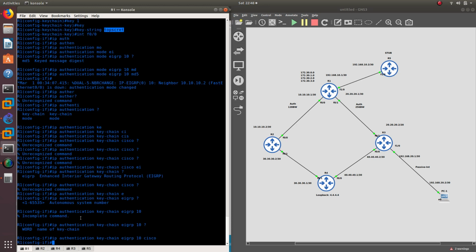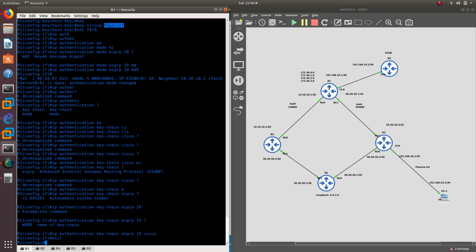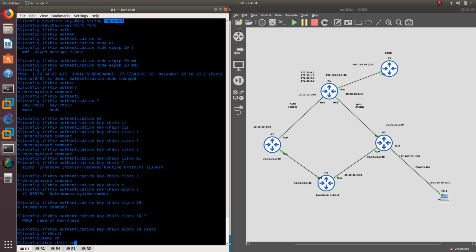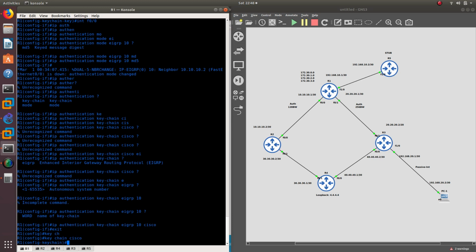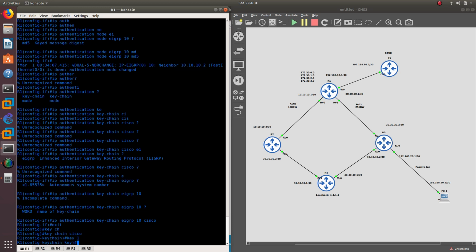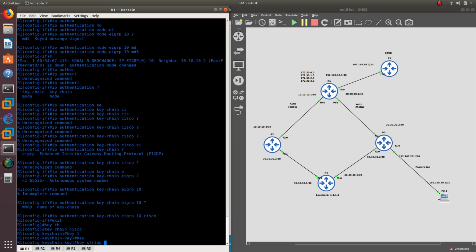So what we could do is exit, and let's do key chain again. Let's go to Cisco key number 1, and the key string is going to be top secret.